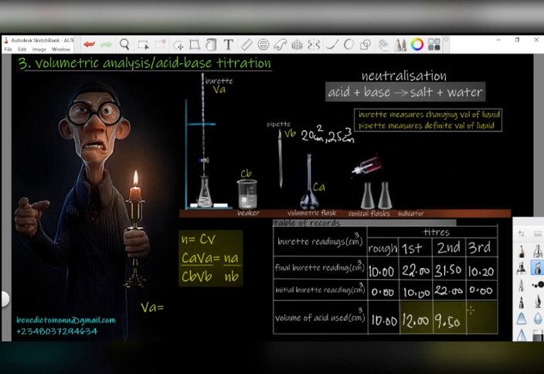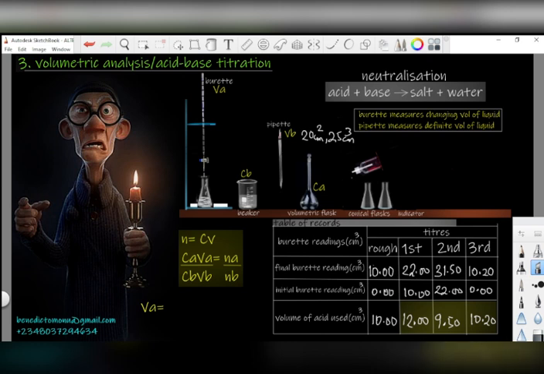These are just values I'm putting in, so they may not be consistent for understanding. Then 10.20 minus 0 will be 10.20.